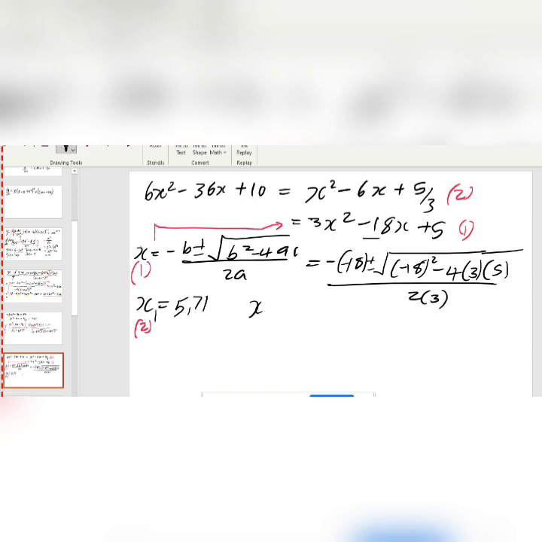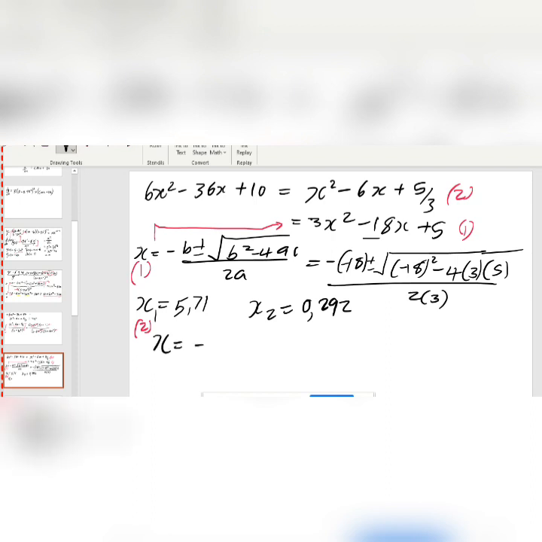Then for x2, you just go back to your formula and change that minus to the positive. Then the second one I got 0.292.